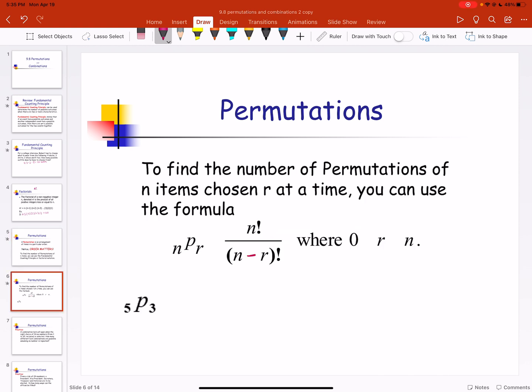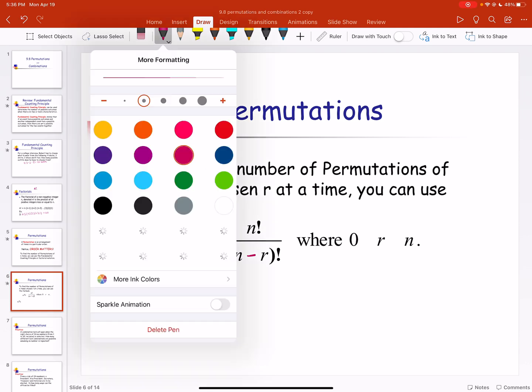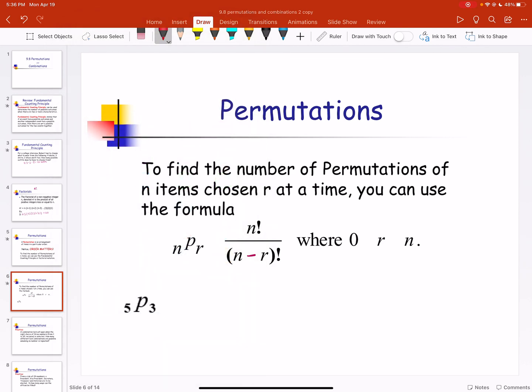The formula for the number of permutations when n are chosen r at a time is n permutation r, which is equal to n factorial over n minus r factorial, where r is between 0 and n. So n is always going to be bigger than r.